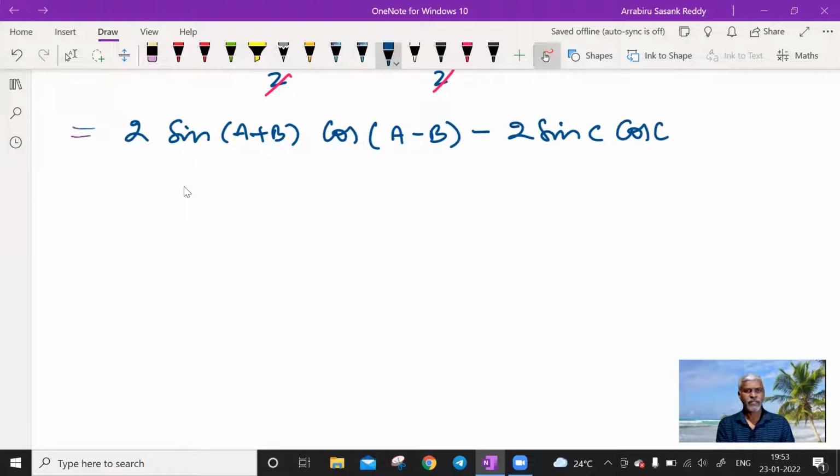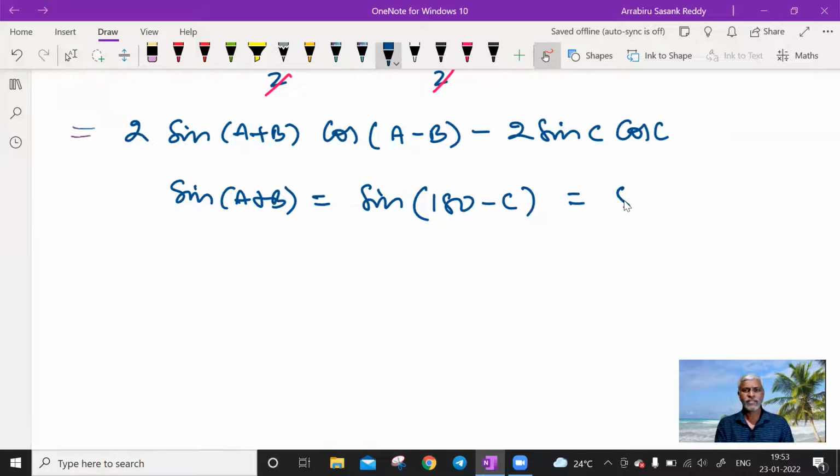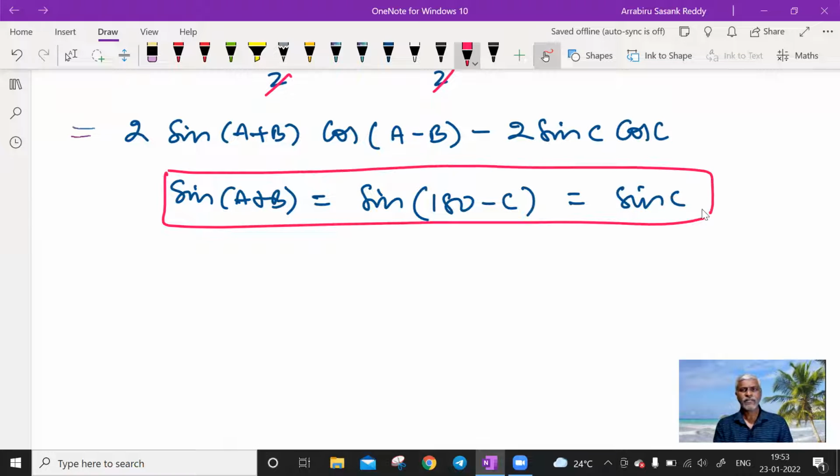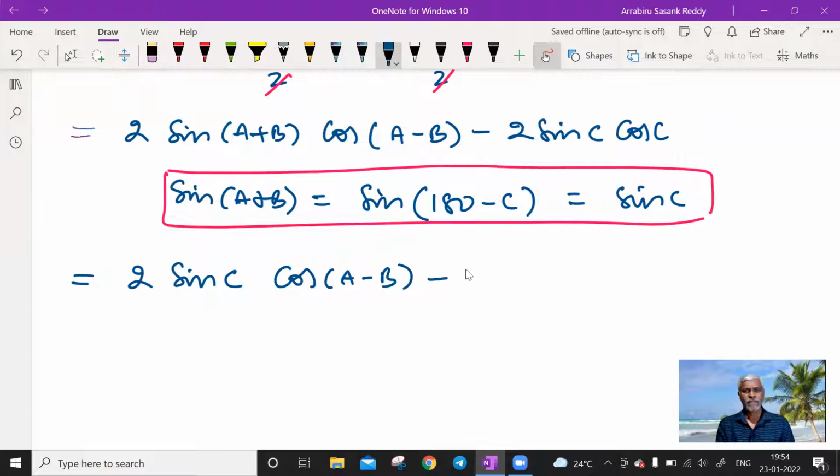In place of sin(A plus B), sin(A plus B) is sin(180 minus C), that is sin C. So writing sin C in place of sin(A plus B), this becomes 2 sin C cos(A minus B) minus 2 sin C cos C, the rest remaining the same.